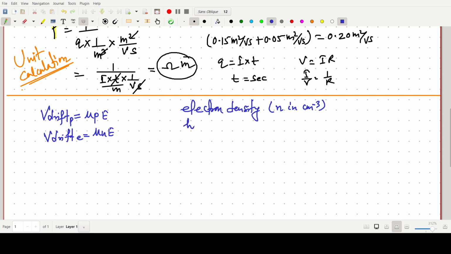Okay, and hole density in a silicon crystal is denoted by p per centimeter cube. Okay, and the charge as well as the density, for example, qp.